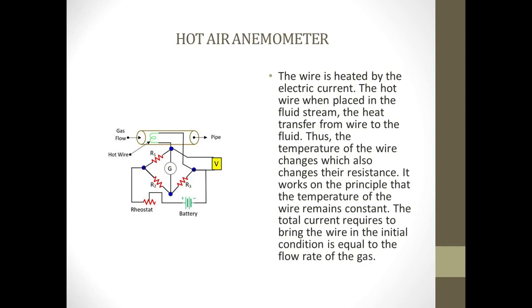The diameter of the wire varies from 5 micrometer to 300 micrometer and length is approximately equal to half the diameter of the pipe. The probe is located at the center of the pipe with the direction of the wire perpendicular to the direction of fluid flow.